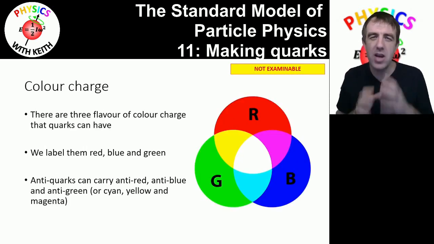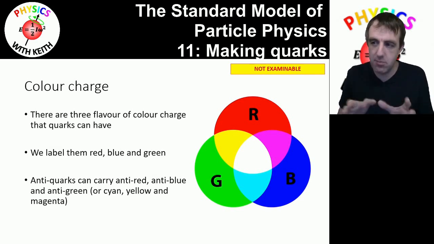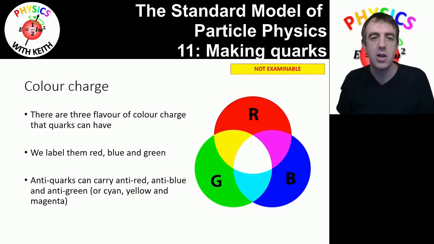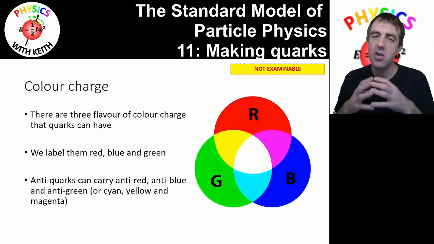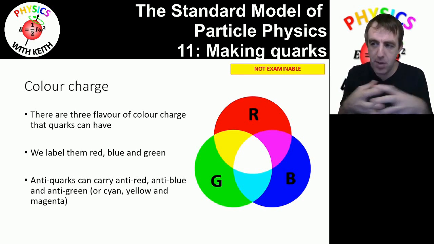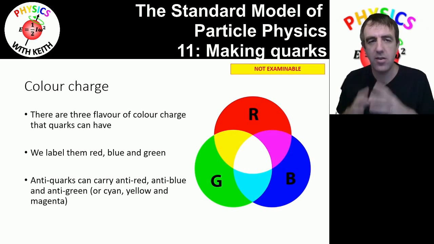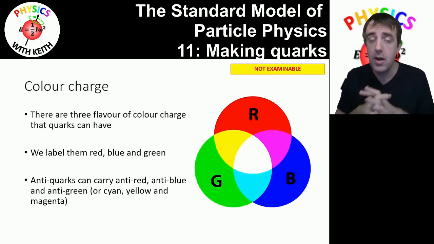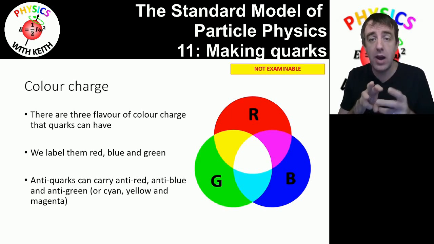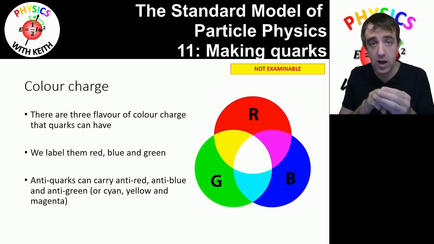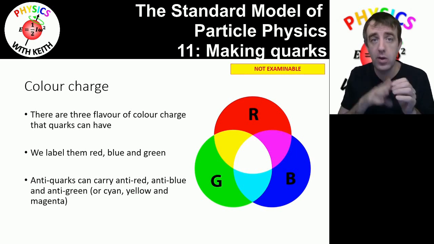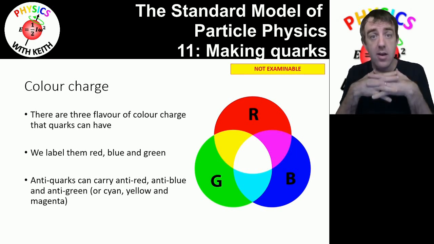So why did he pick color as a model for this new type of charge? Well, it's because you get three quarks combining to form a baryon. The idea is that particles have to be color neutral. That means that a baryon has to contain a red, a blue, and a green quark in order to have the overall color of the baryon as white.